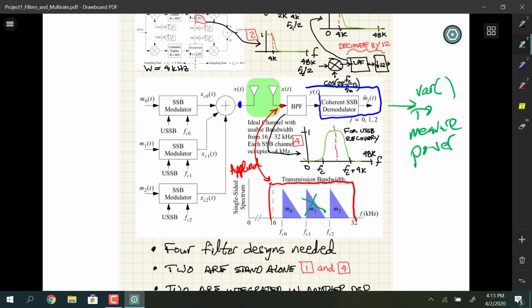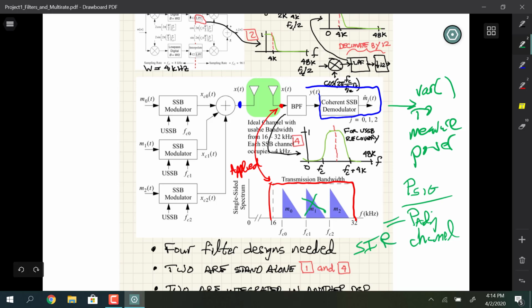I'm going to have power in signal, and then the ratio of that to power from adjacent channels. And that constitutes signal to interference ratio.